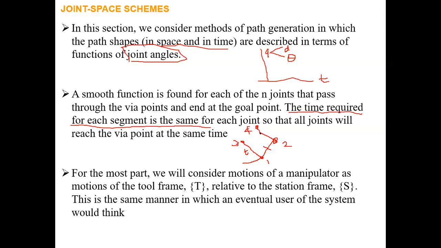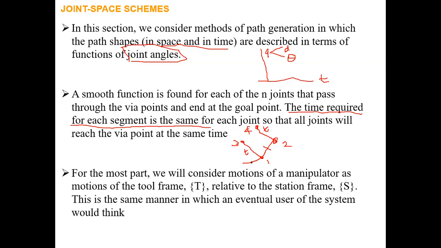So this time is exactly the same. That's the only constraint we have imposed here. Other than that, we deal with all the joints independently, meaning we do the calculation independently for each joint.